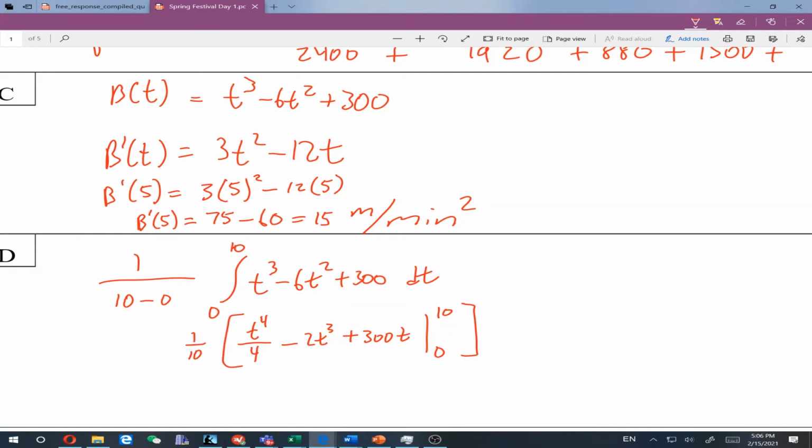Okay, if I plug in 0 for my lower bound, everything will cancel, so I'm only concerned about the upper bound. So this is 1 over 10 times everything that happens when I plug this in. Andrew, back to you again. What's 10 to the 4th power?